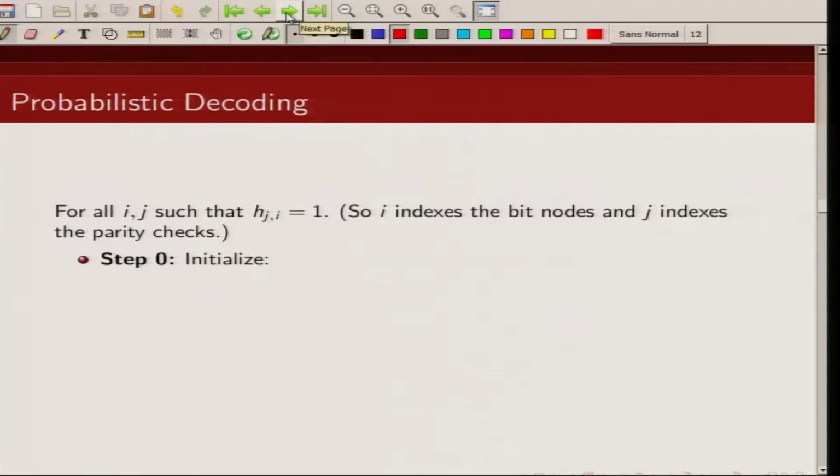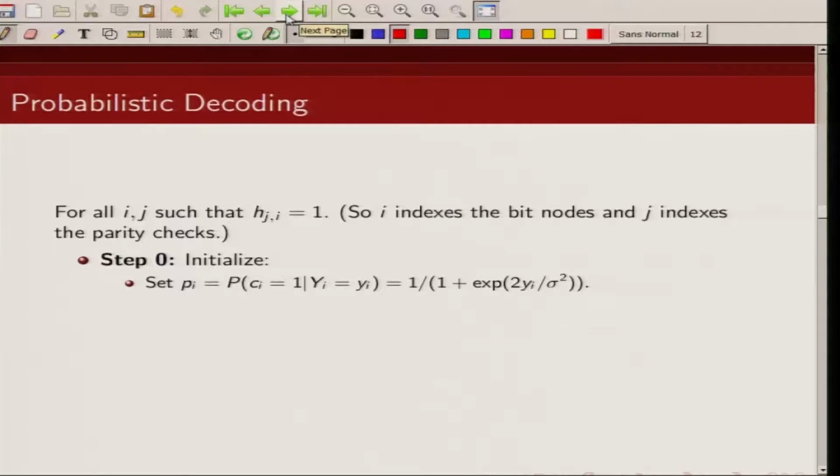So then how does this whole process go? First, we initialize the probabilities that we are going to send from the message nodes to the check nodes. So we calculate this Pi and we calculate this Qij. These are the messages we will send from the bit node to the parity check node.